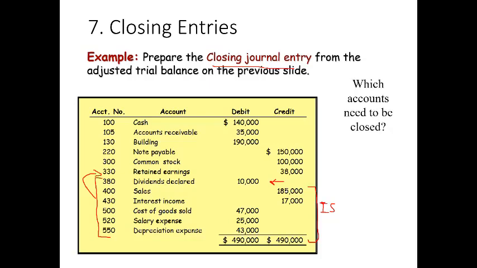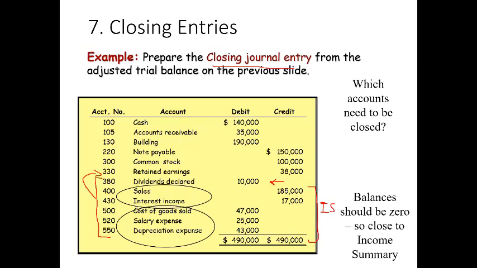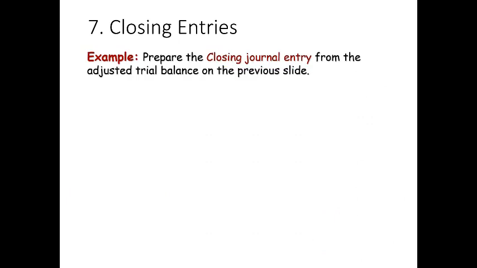Okay, so here we go. Which accounts need to be closed? Again, balances should be zero, so we close the income statement accounts to an income summary if you want. And then we'll close dividends declared directly to retained earnings. Okay, so here's the journal entry.